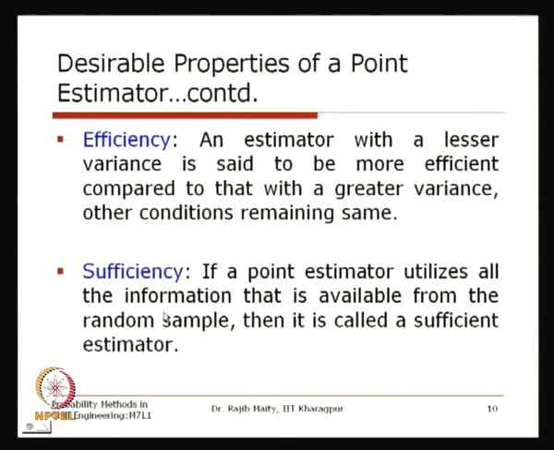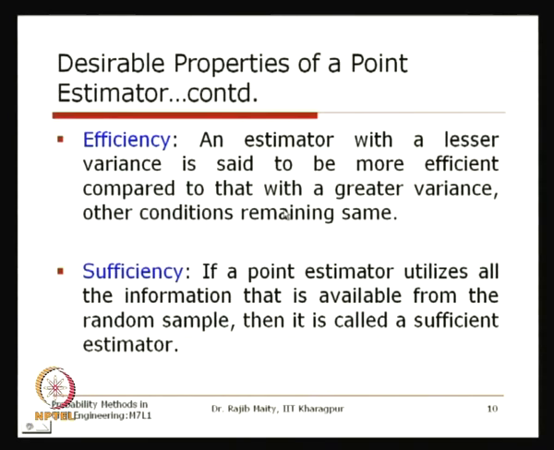Third one is efficiency. An estimator with lesser variance is said to be more efficient compared to one with a greater variance, keeping other conditions the same. Suppose we have two estimators and both satisfy the first two properties, that is, both are unbiased and both are consistent.